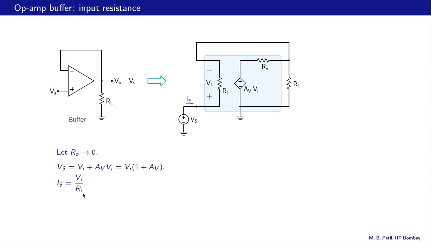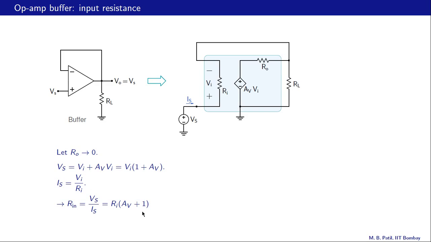What about Is? This voltage drop is Vi, and that is simply Is times Ri. So that gives us Is, Vi divided by Ri. And now all we need to do is to take the ratio Vs divided by Is. So Rin, as seen from here, is then Vs divided by Is, which is Ri times AV plus 1.